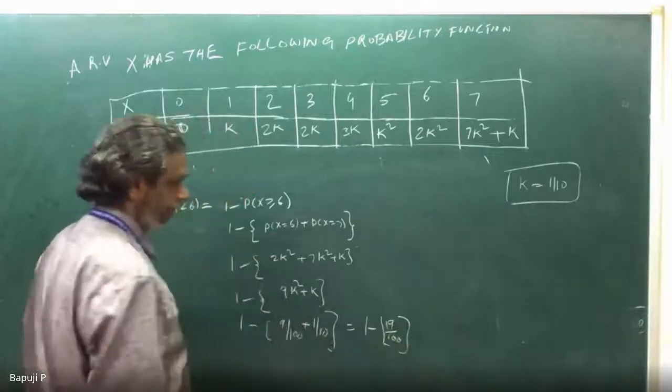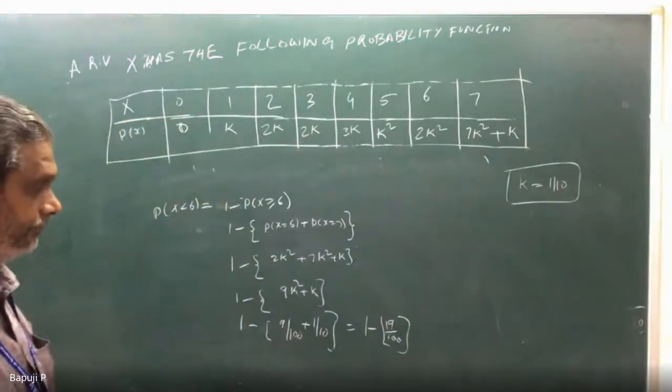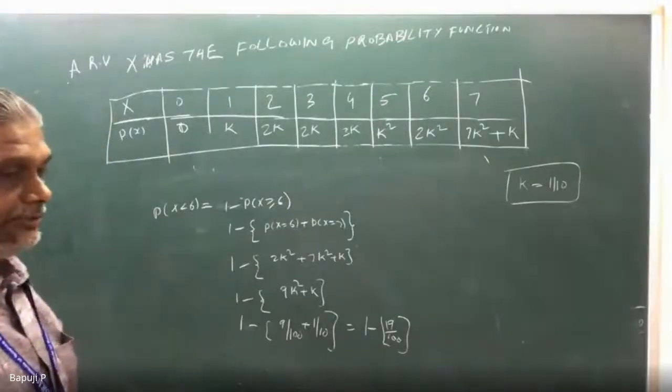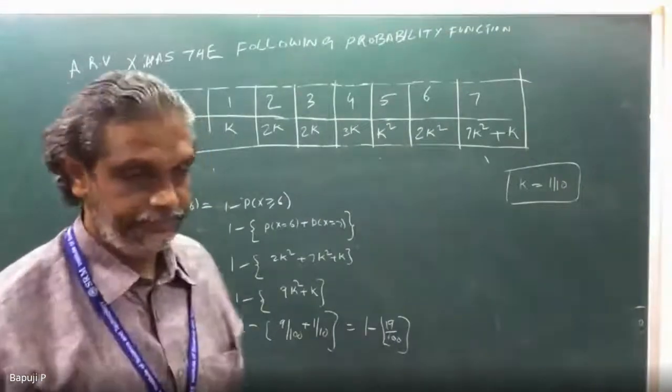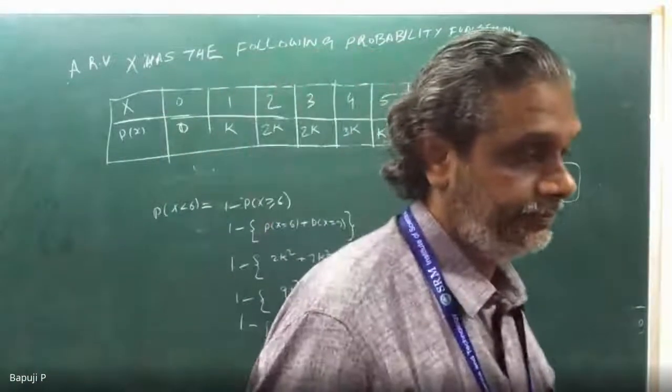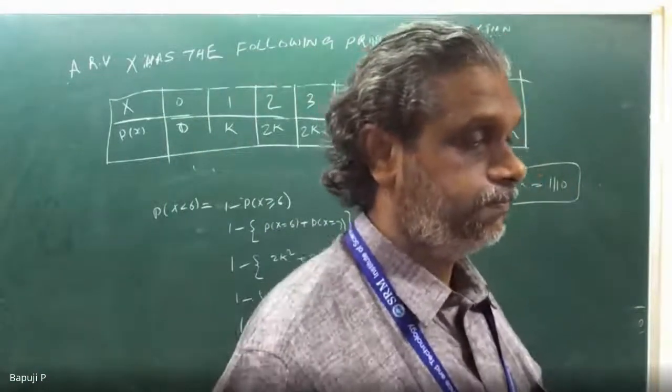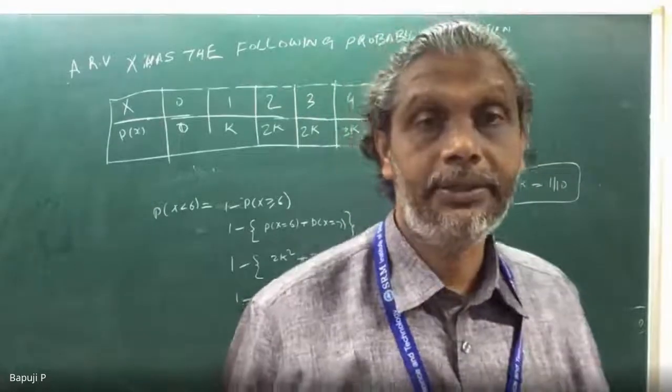Check. Yes, okay. So this is 100 minus 19, which is 81 by 100.